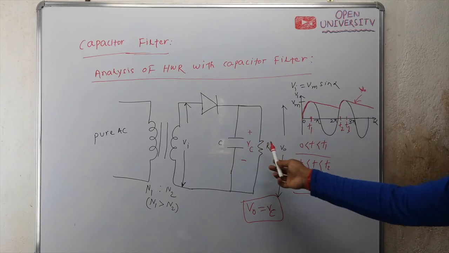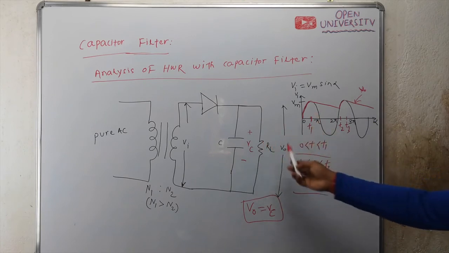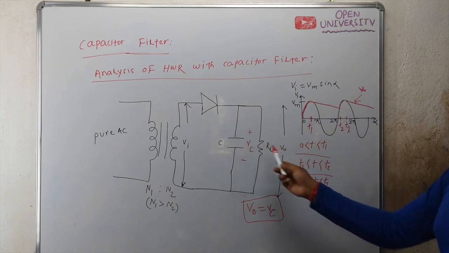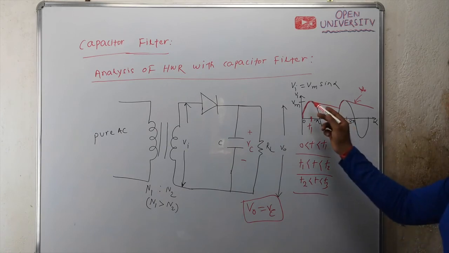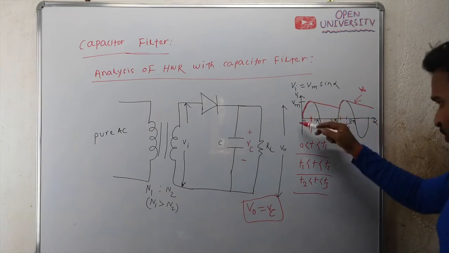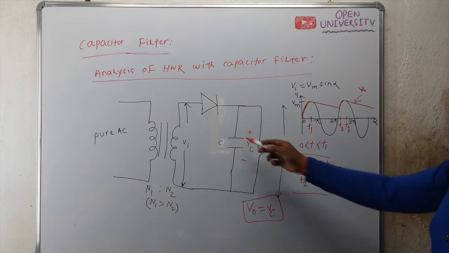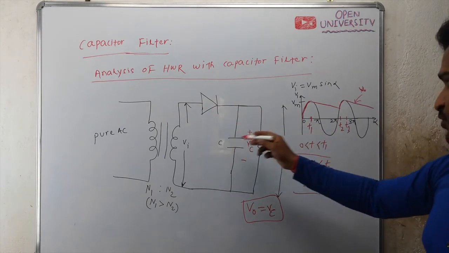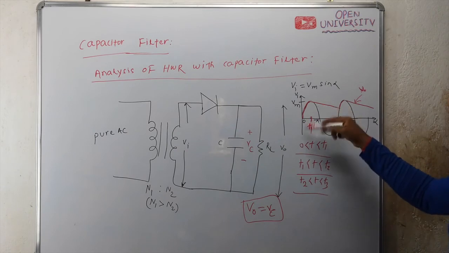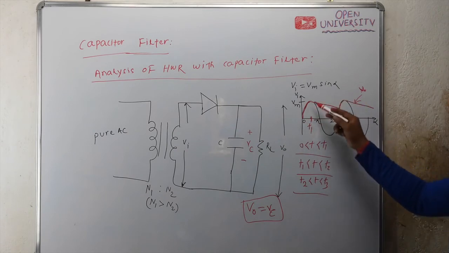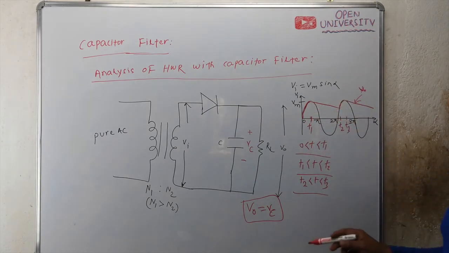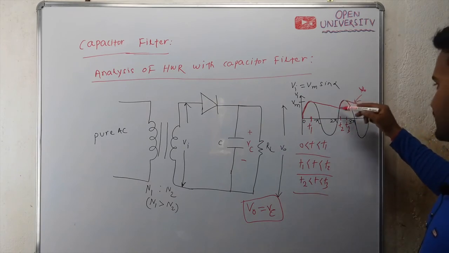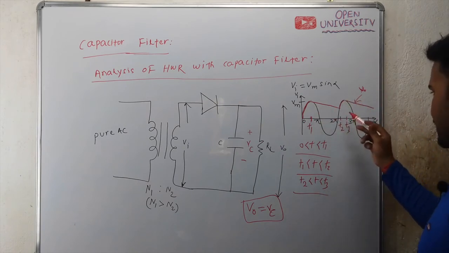Because RL is a very large value, so the discharge time constant C into RL will be very large, so the capacitor will discharge slowly. But the charging time constant is very small, almost 0, so it will immediately charge to the input value.